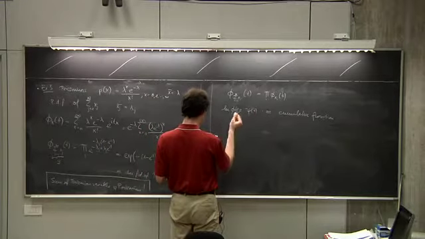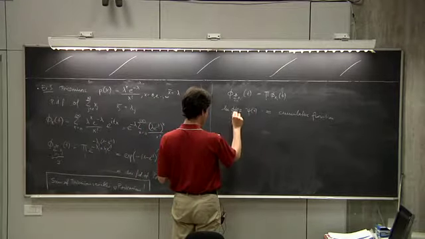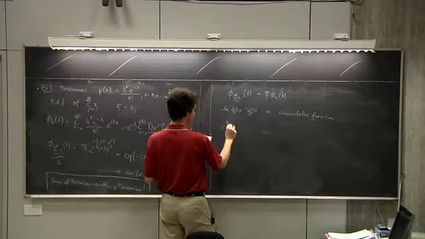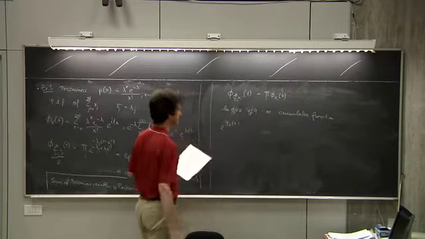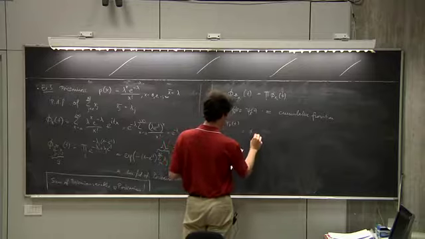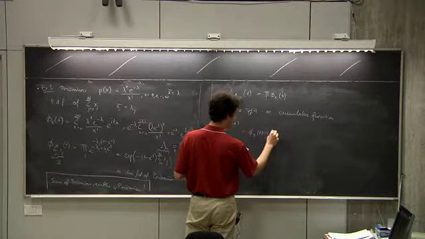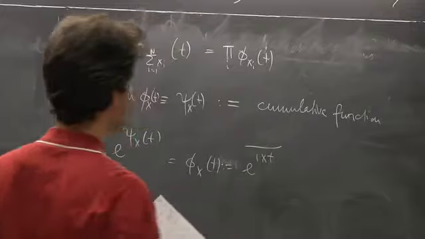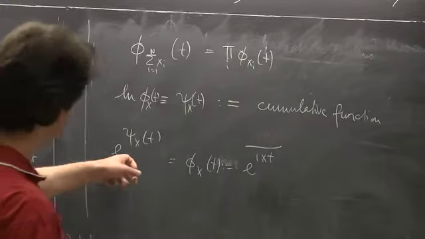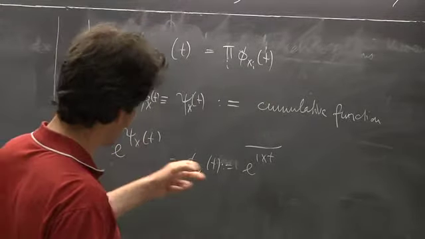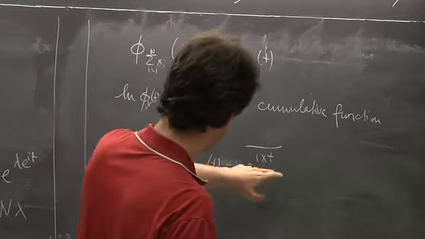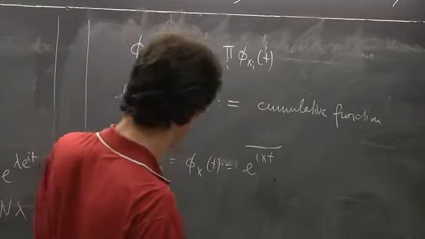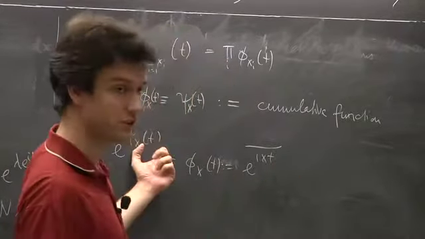Now, just to recall what the definition was. So there's an x here, maybe. If I exponentiate this, I just get this back. And by definition, this was just e to the i x t, averaged. So what is the cumulative function? It is nothing else than, if I insist on writing this thing as an exponential, the cumulative function is what is in this exponential.